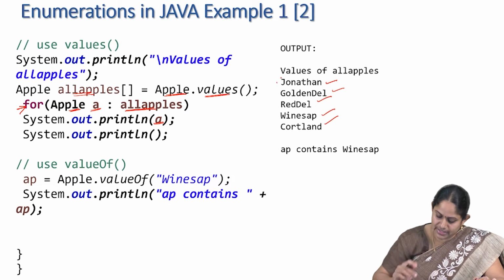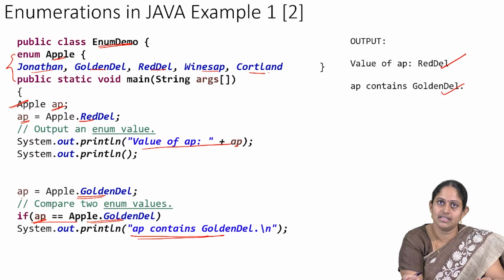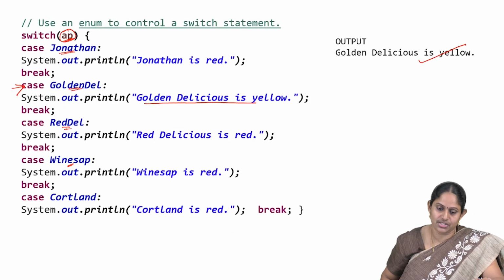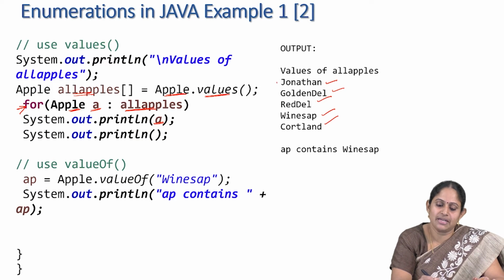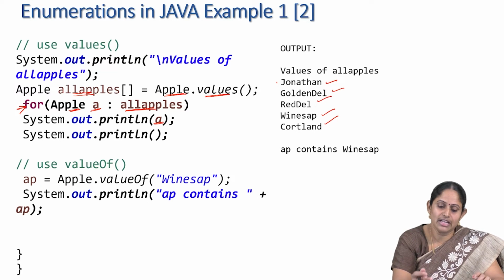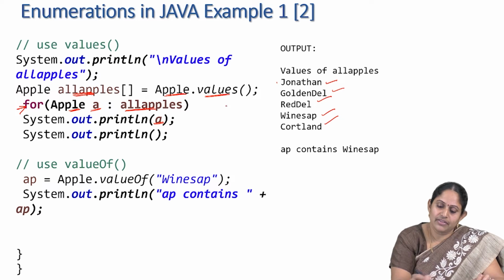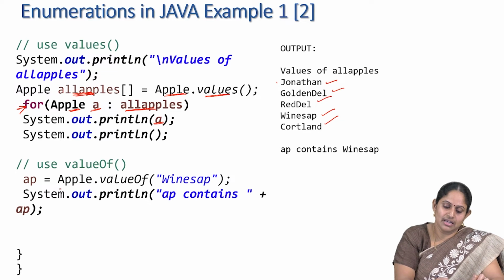These are the 5 values available inside that Apple enumeration. So the values method will return the contents of the enumeration Apple to the array allapples, and we have displayed all of them.